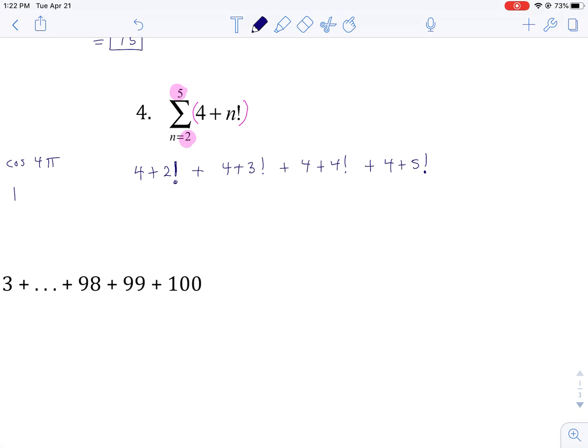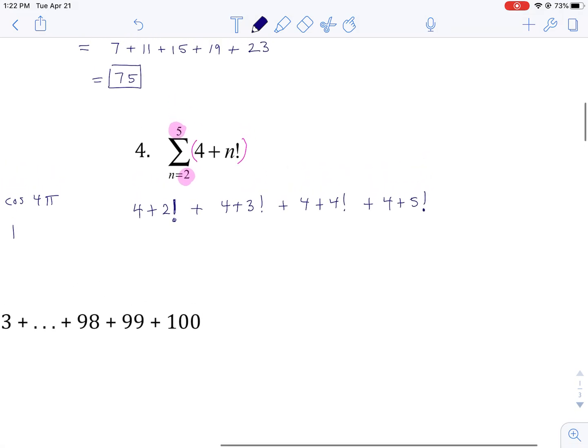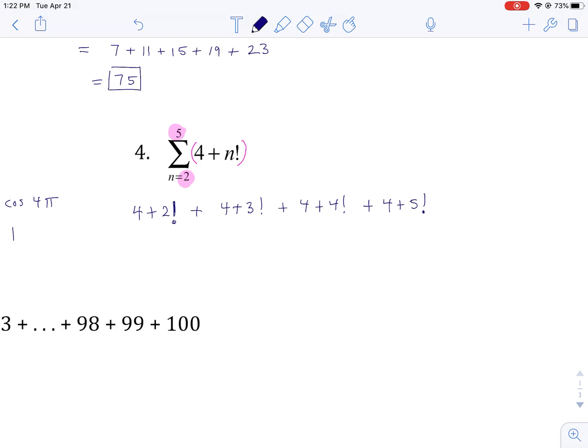You can find it, but factorials just multiply out successive integers. I'll give you a quick example. 4 factorial would be 4 times 3 times 2 times 1. So 4 factorial would be 24.